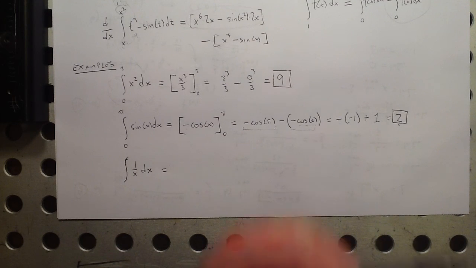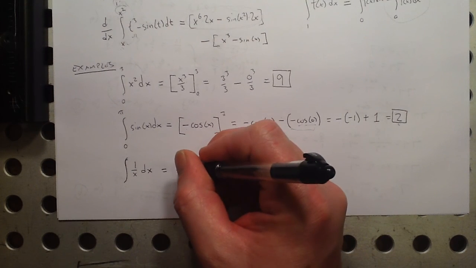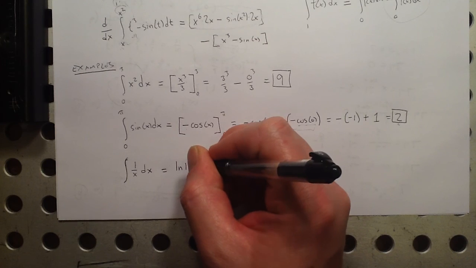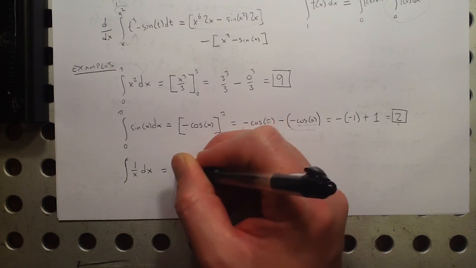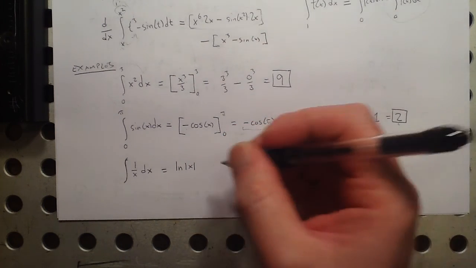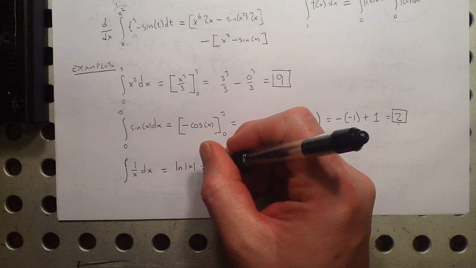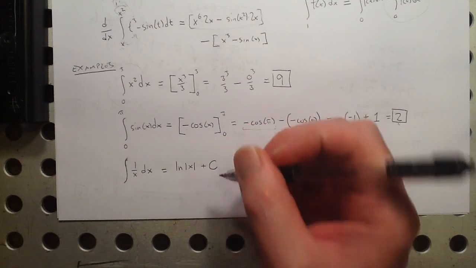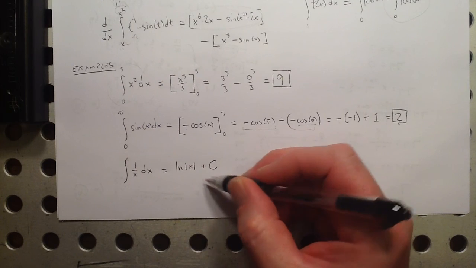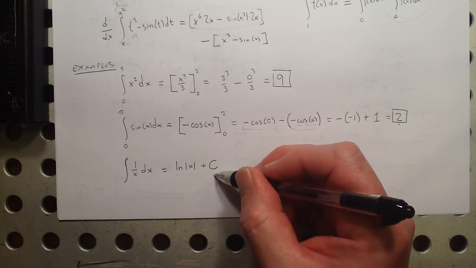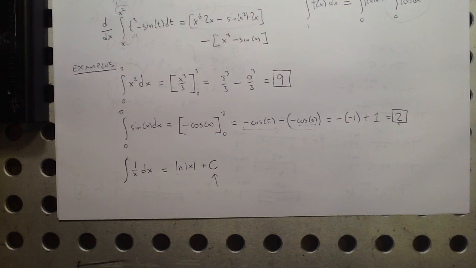Yes, you do. It's the natural log function. And it's actually the natural log absolute value of x, right? Plus c. So if there's no numbers here, we're just finding an antiderivative, but don't forget this, right? That is called the constant of integration. That's very important.